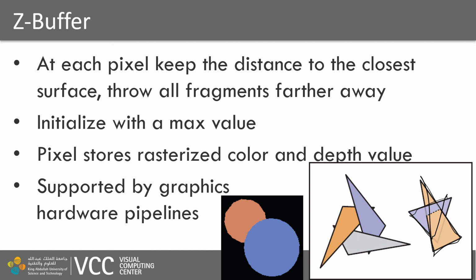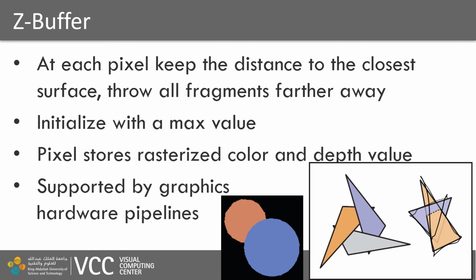In the other case, when the Z buffer has a smaller value than the depth value of the newly generated fragment, the fragment will be discarded because it lies behind another fragment which is closer to the viewing plane or the viewer.